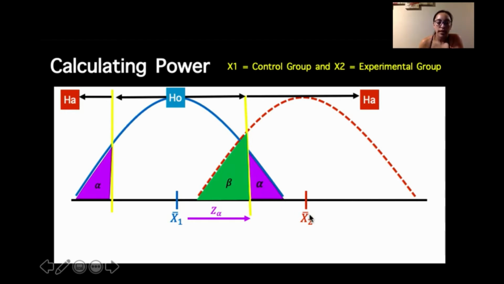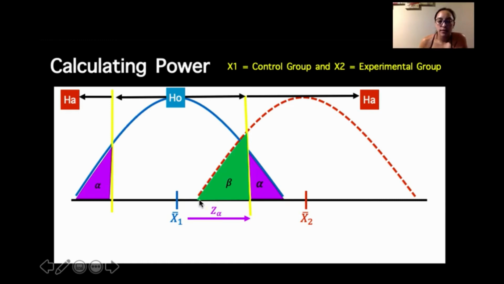So if, in fact, we made a type 1 error, and we said that our experimental group's mean was significantly different from our control group mean, like we accepted the research hypothesis and rejected the null, the chance that we made an error is alpha, right? Because we rejected the null when the null maybe was actually true. Okay, so outside of our region of rejection when it should have been inside this area.